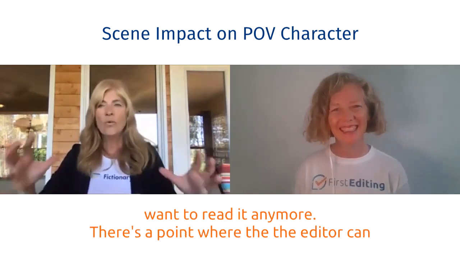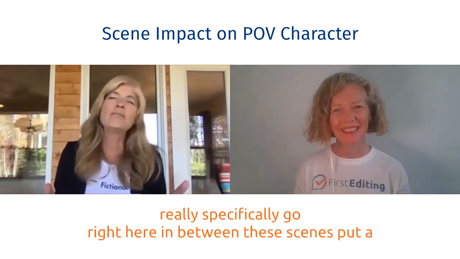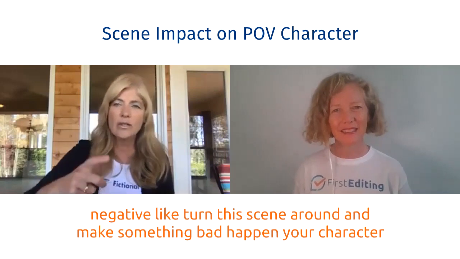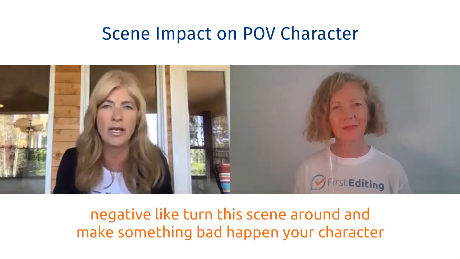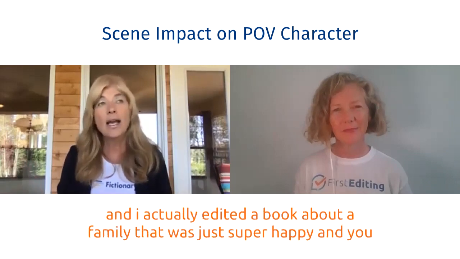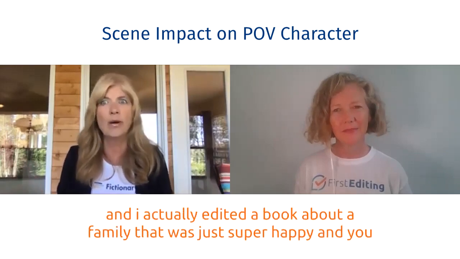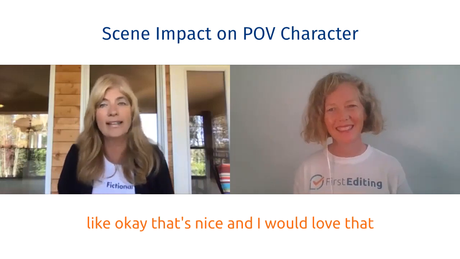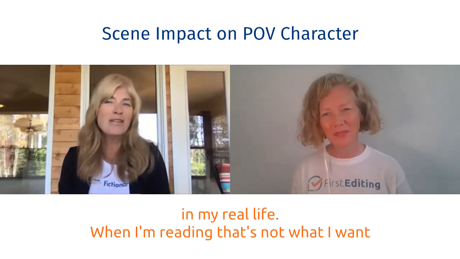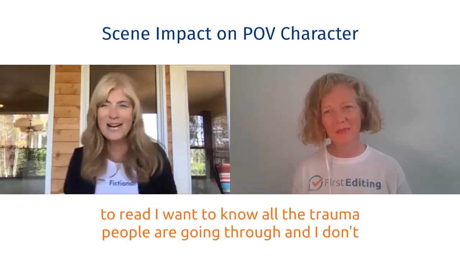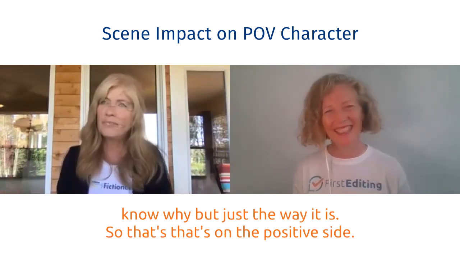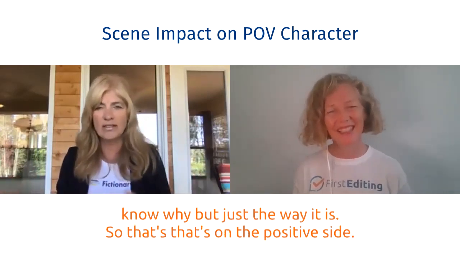There's a point where the editor can go right here in between these scenes, put a negative, like turn this scene around and make something bad happen to your character because it's just too much. Everything's nice. I actually edited a book about a family that was just super happy. And you think, okay, that's nice, and I would love that in my real life. But when I'm reading, that's not what I want to read. I want to know all the trauma people are going through. I don't know why, but it's just the way it is. So that's on the positive side.